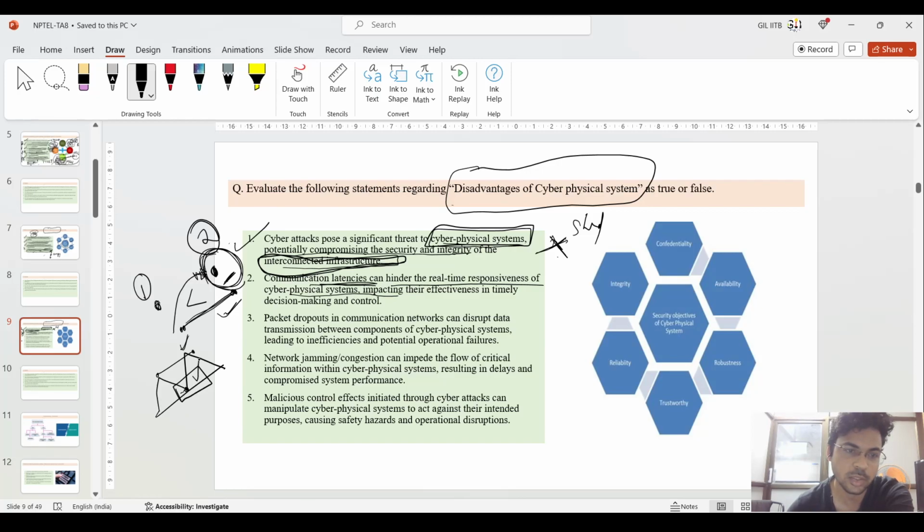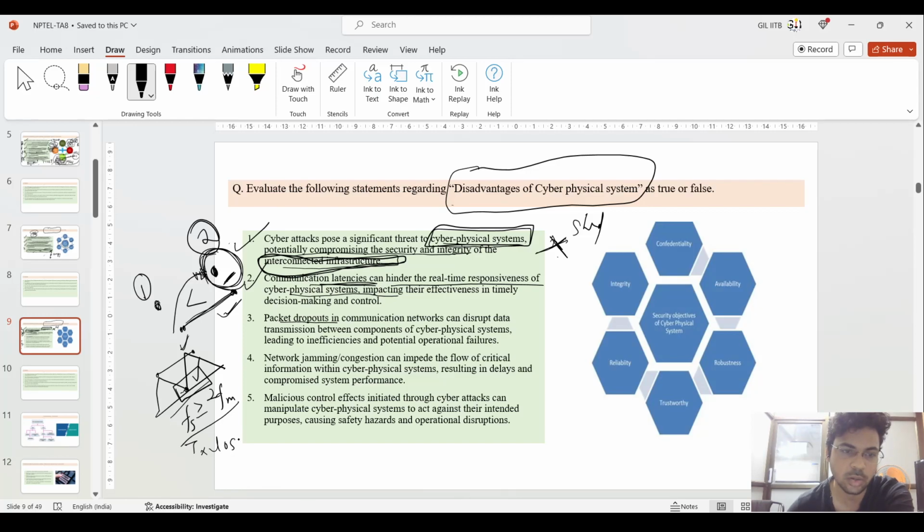If you want to transfer two signals, avoid the overlapping region and take care of the sampling rate, which must be greater than 2 fm, as I told you in the previous lectures. So this kind of latency can hinder the real-time responsiveness of the cyber physical system.